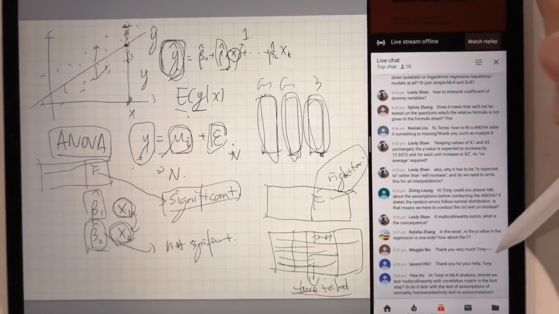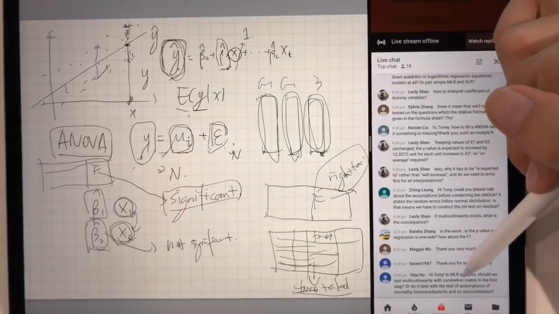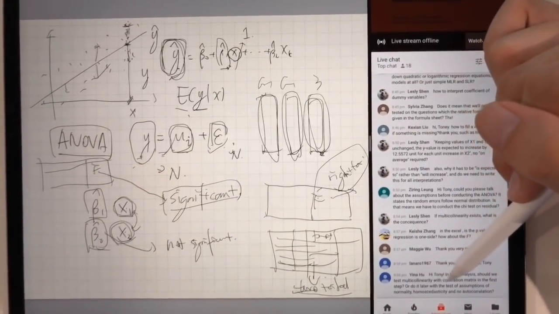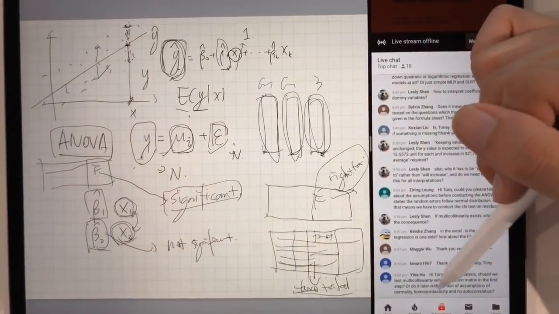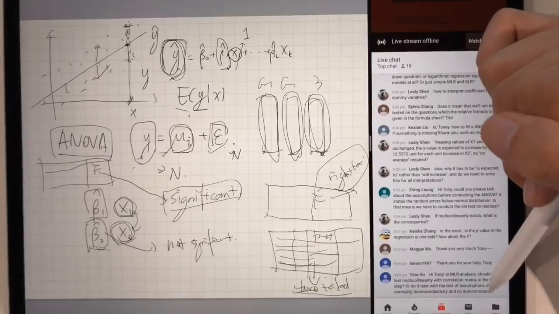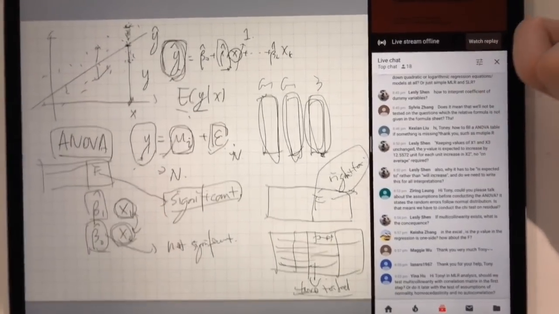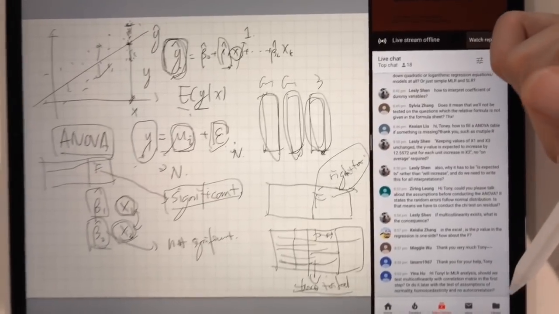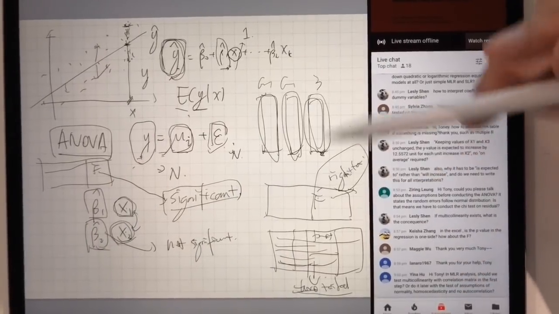Ina Hu is asking, hi Tony, in multiple linear regression analysis, should we test multicollinearity with a correlation matrix in the first step, or do it later in the test assumptions, normality or no correlation? It doesn't matter, Ina Hu. You can do it anytime you like, but you'd better do it at the beginning.